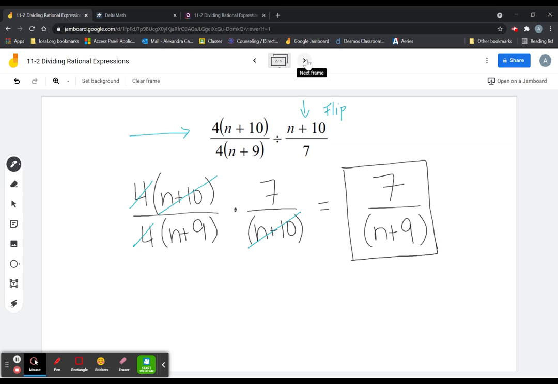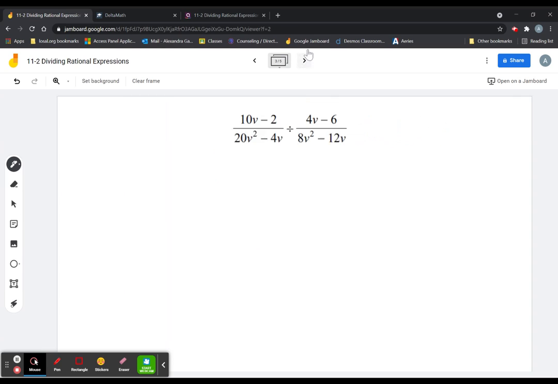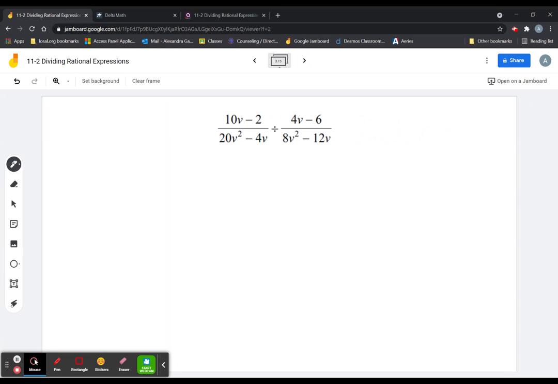Then the next one, we're going to have to do a little bit of factoring. So I'm looking at this guy. We can factor and flip. If you want to do them at the same time, that is okay. So I look at this guy first and see if I can factor. It looks like there's a GCF of 2.